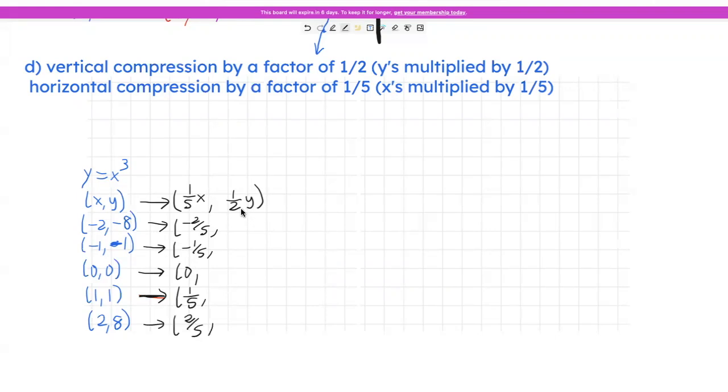And then 1/2 of all of the y values. So half of all of these, 1/2 of -8 is -4. Half times -1, half times 0, half times 1, half times 8. These are the new points I want to plot to give me the new graph.